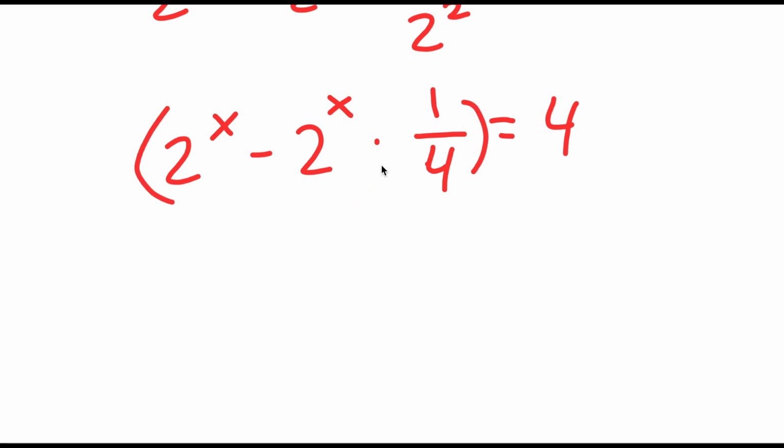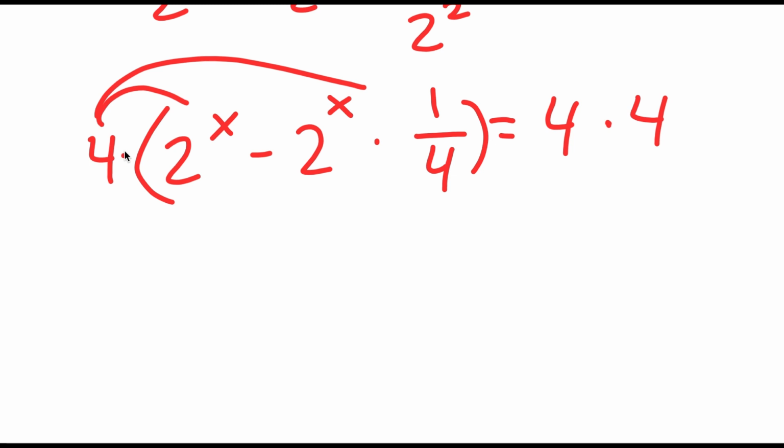Now from here, I'm going to multiply both sides by 4. So this 4 distributes. So I get 4 times 2 to the power of x. We can't multiply these two because we have an x as an exponent over here. And I have this minus 2 to the power of x times 1 over 4.